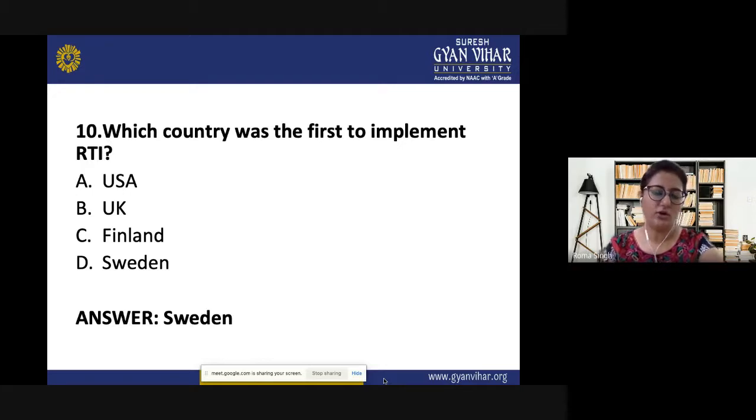Finland was the next to adopt in 1951, followed by the United States, which enacted its first law in 1966, and Norway, which passed its laws in 1970. So this is how various countries have implemented RTI, and India implemented the RTI Act in 2005.